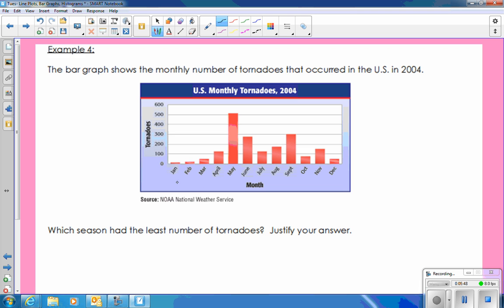Well, we have winter, spring, my values are a little bit off there. So summer is June, July, and August. So this would be fall. And then winter would be over here. And then spring is right here. So which one had the lowest amount total? That would still be winter.